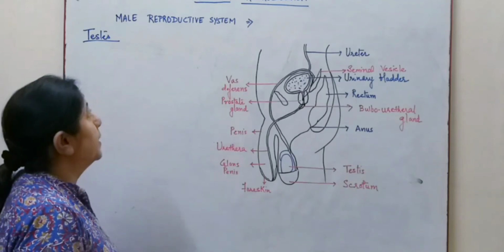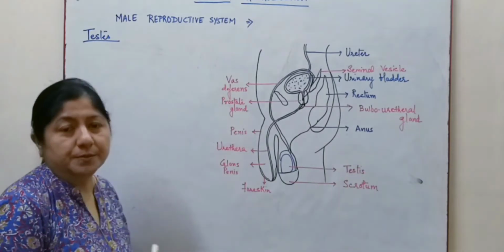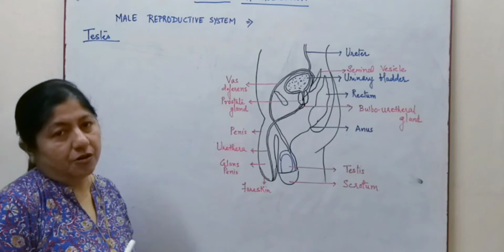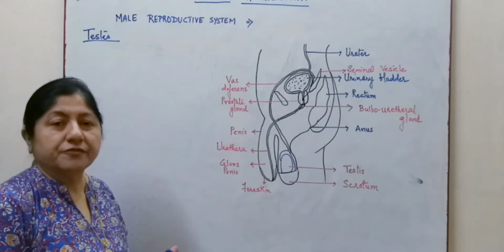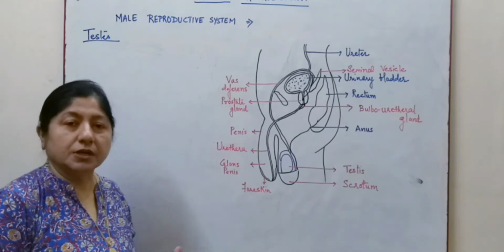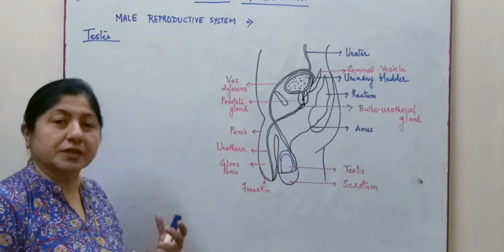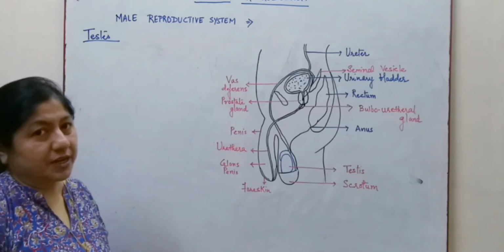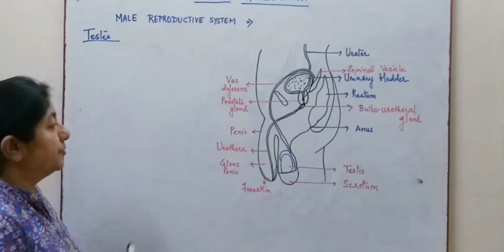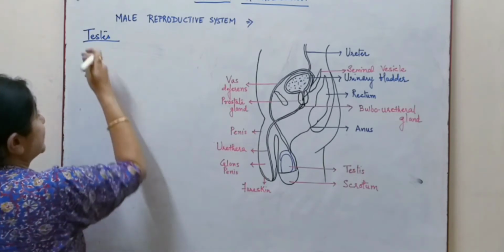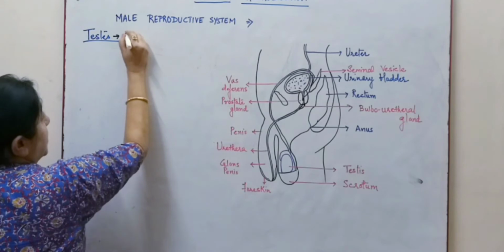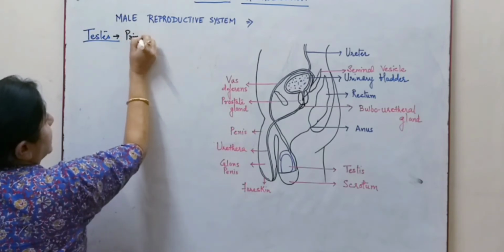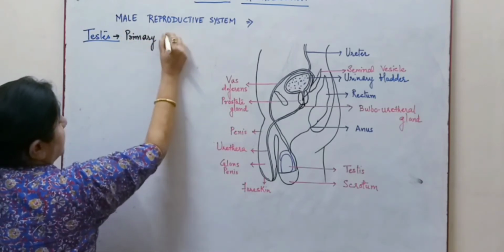We are going to talk about the male reproductive system, and in continuation of the previous video in which we have studied the male reproductive parts, that is the primary sex organ and the secondary sex organ. Now we are going to talk about the testis, which is the primary sex organ in the male.